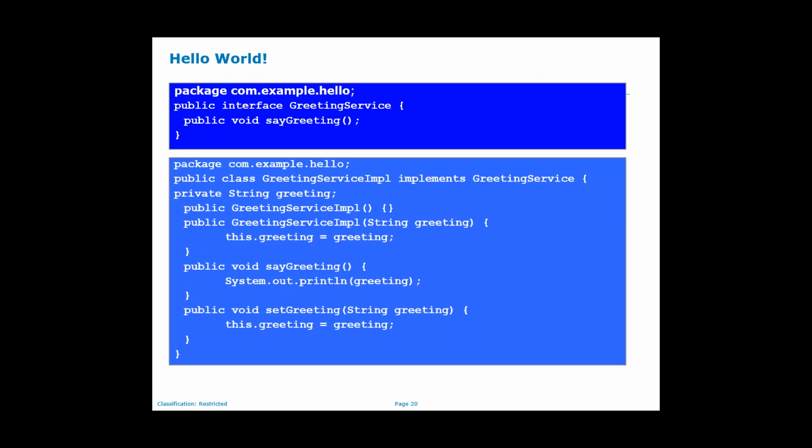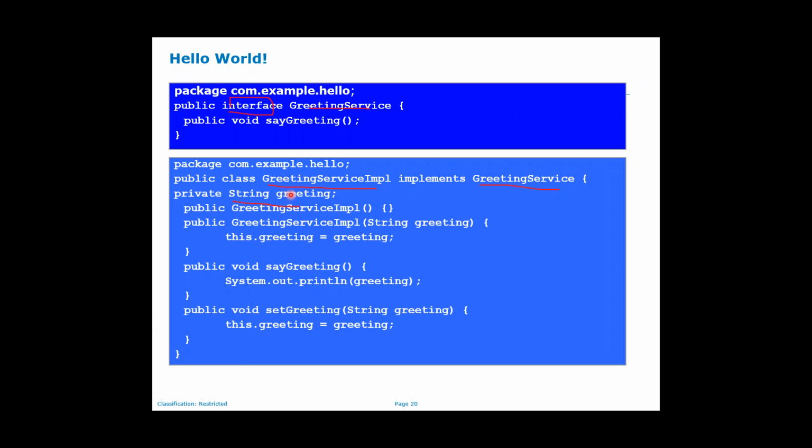Now over here, you're creating an interface called GreetingService. And this class, GreetingServiceImpl, implements the GreetingService. Within this, you have a private String greeting.